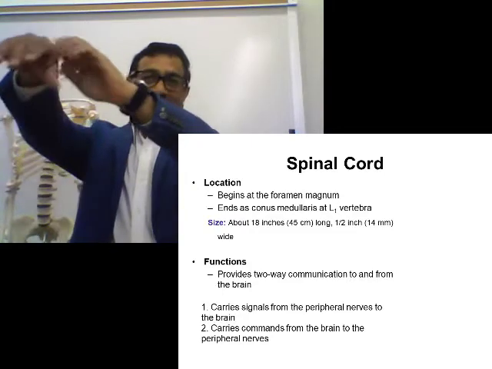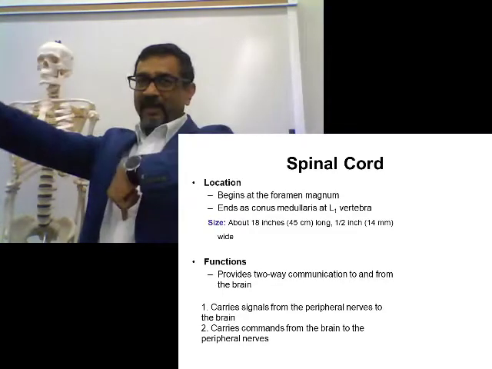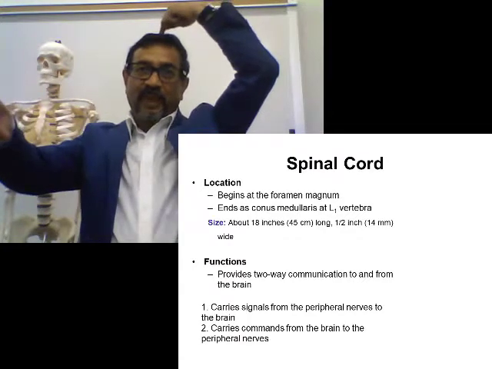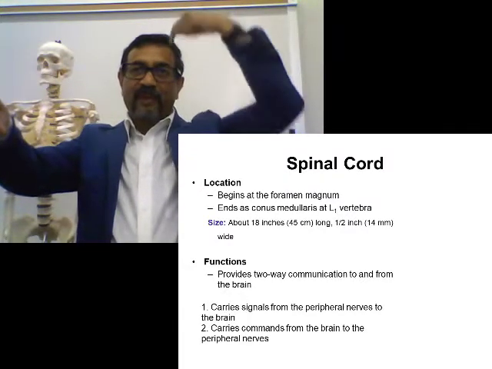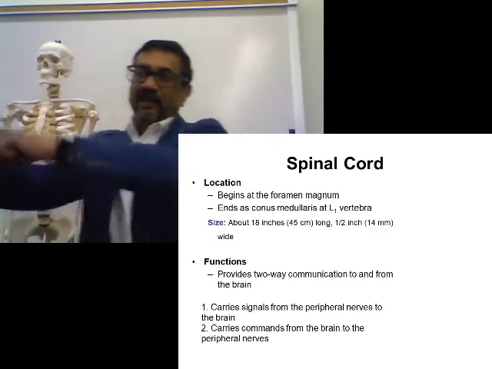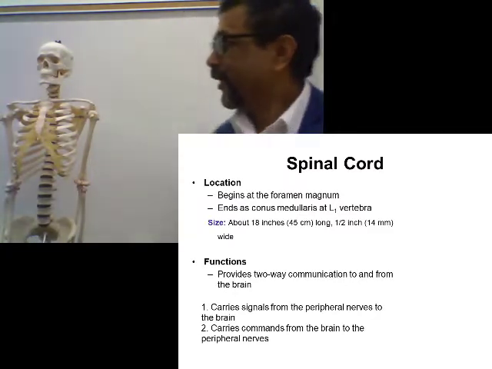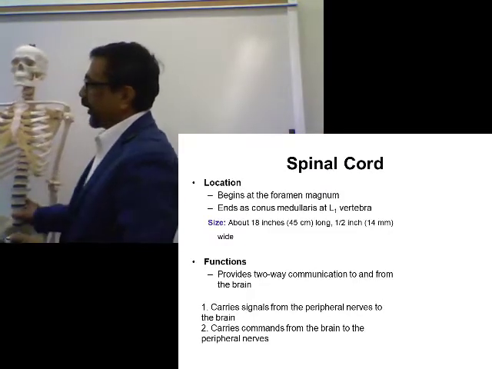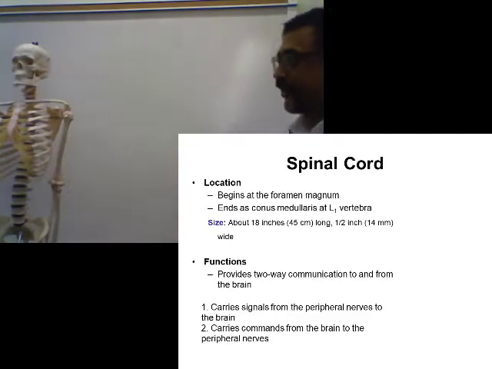For example, touch: that signal goes to the spinal cord and then the spinal cord takes it to the brain. And when the brain sends a signal to the muscle, through the spinal cord, the signal goes down and then gets out from the spinal cord. So, both-way transmission of signal.